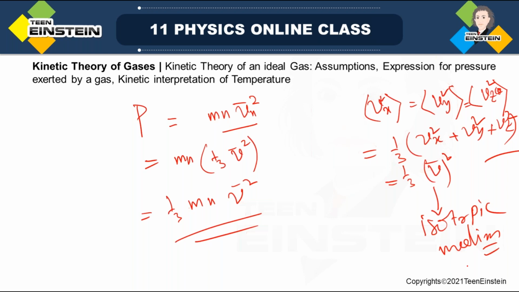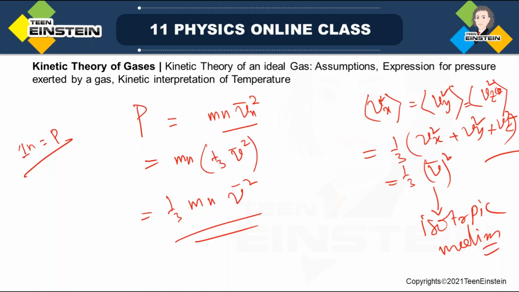Now see what we know: this is the number of molecules per unit volume, and this is the mass. So if we take 1 into n, that means mass is 1 kg. Then this would actually give you the number density.